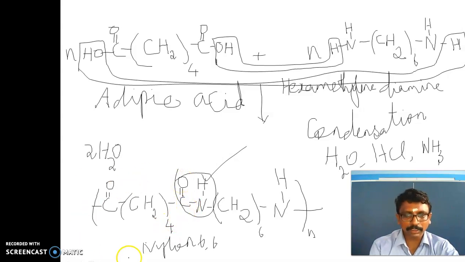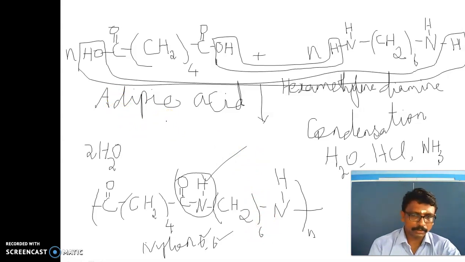Totally 6. So nylon 6. After NH, here also 6 carbons. So we write nylon 6,6. The first 6 indicates 6 carbons before NH, and the second 6 indicates 6 carbons after NH.